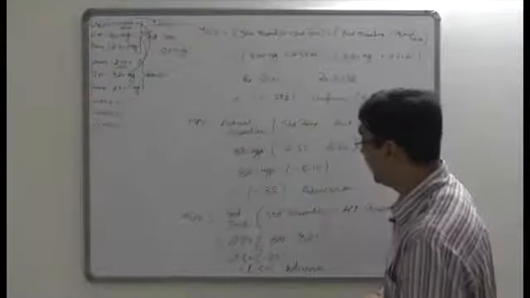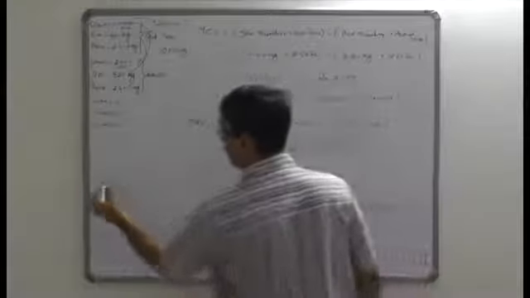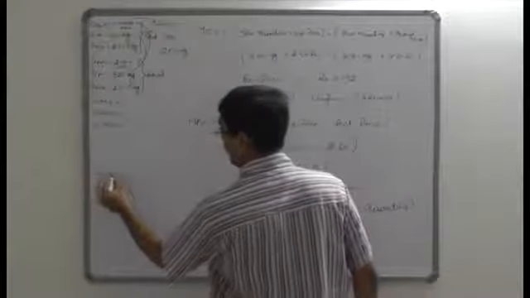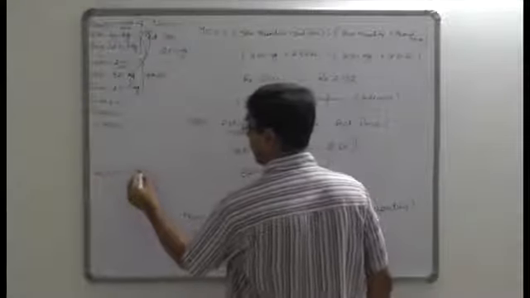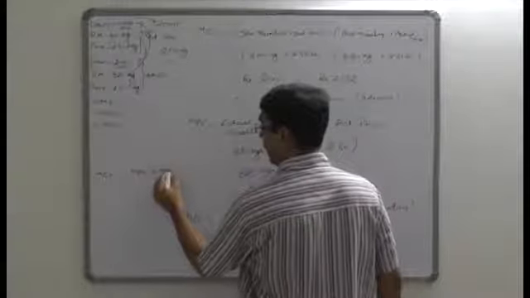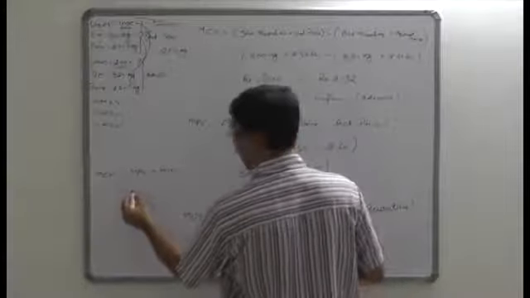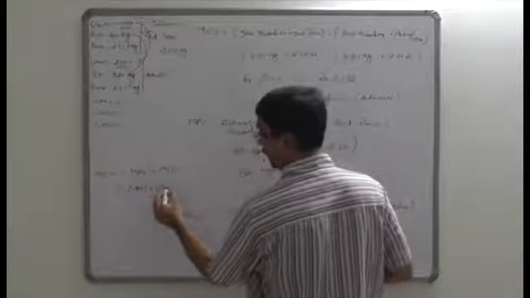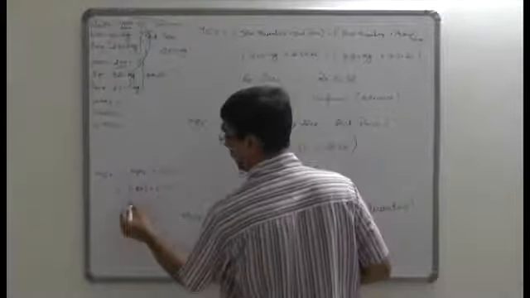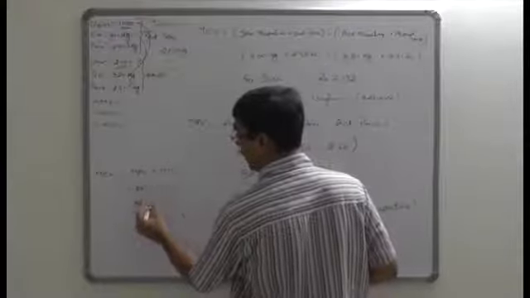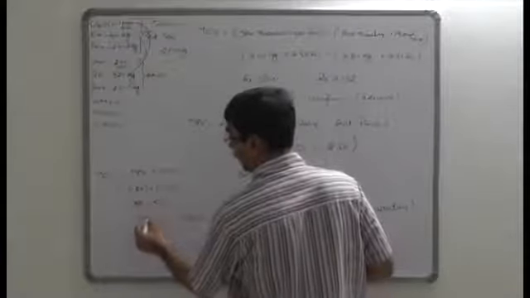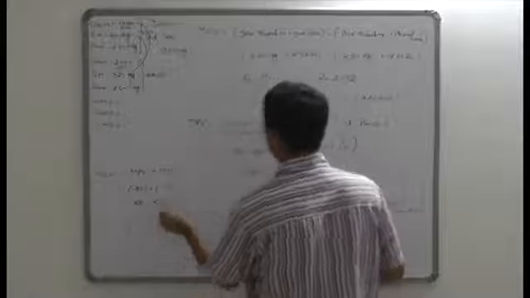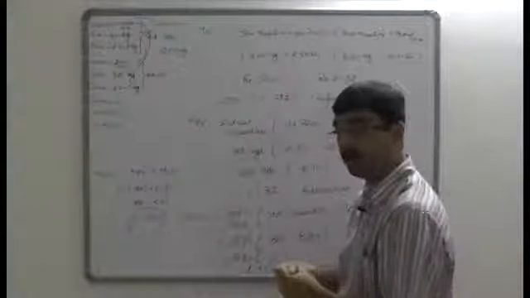Ultimately we can do the cross tally. The MCV is equal to MPV plus MUV. MPV is minus 82 plus MUV is minus 50, which comes to minus 132, which tallies with your material cost variance.